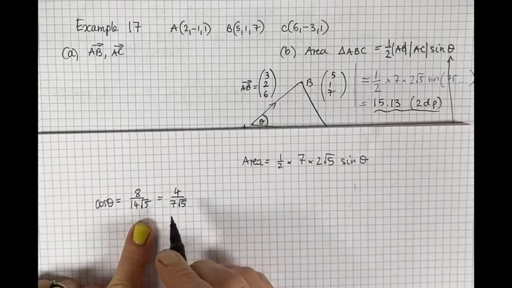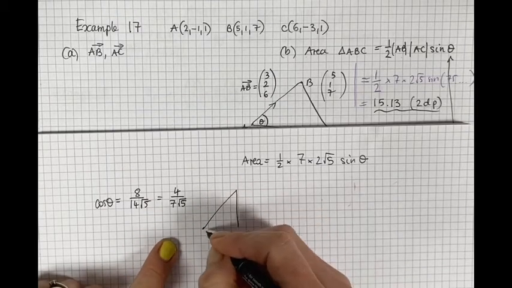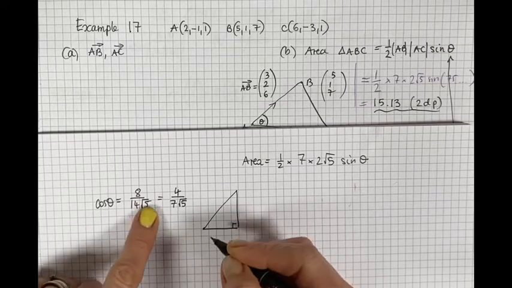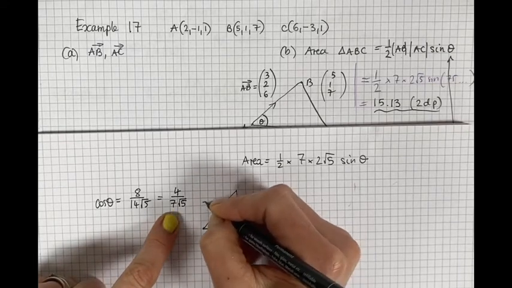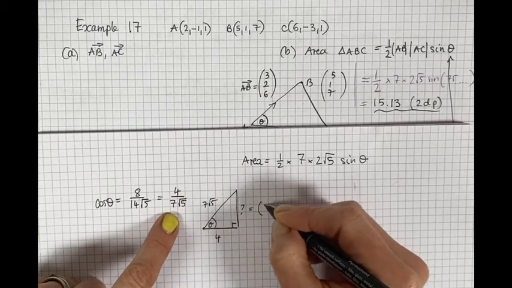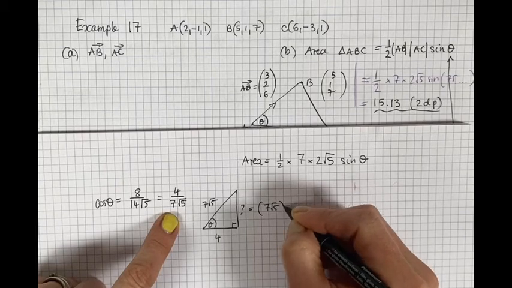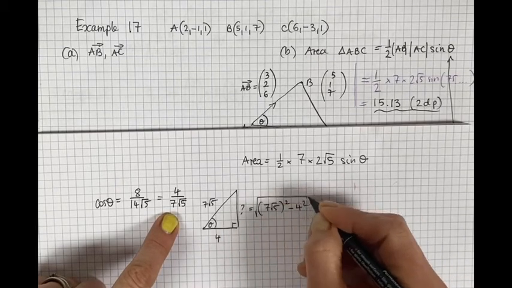So we've got to find what sine theta is. So you can do the normal thing you do in mechanics. You're going to rewrite it as, this is my theta, this is 4, and this is 7 root 5. So we need to find that side. So this is going to be 7 root 5 squared minus 4 squared, square rooted.